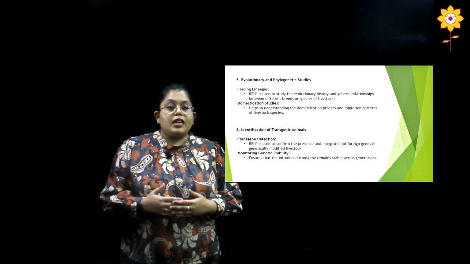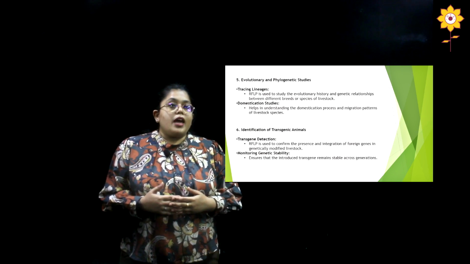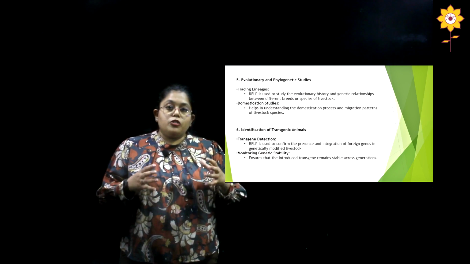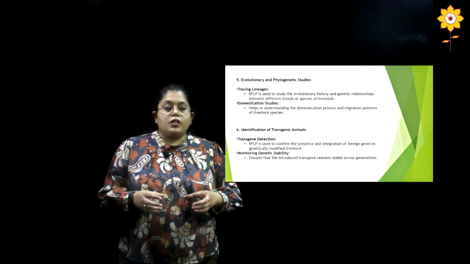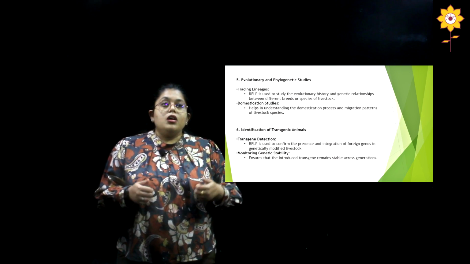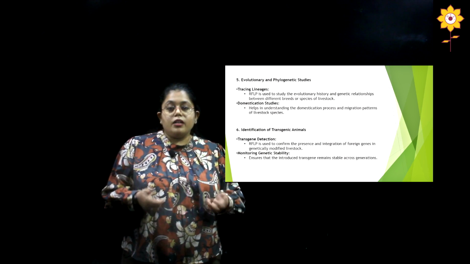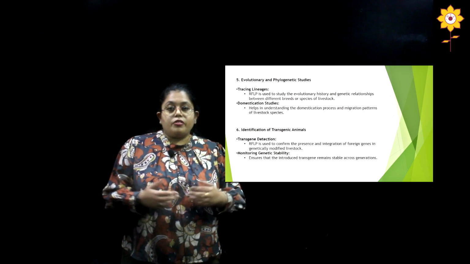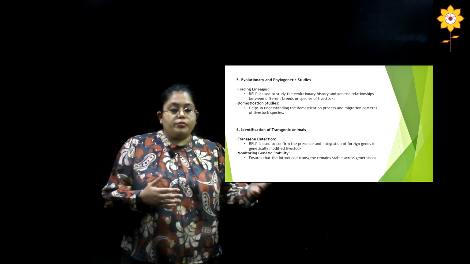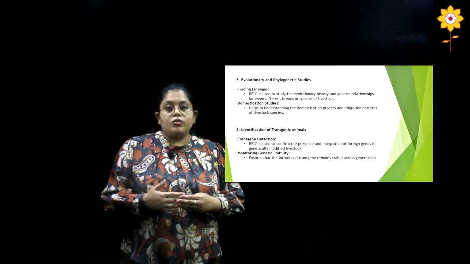We can also look at transgenic animals. As I mentioned, a particular gene can be inserted specifically. If I give you an example, insulin is something used worldwide to manage diabetes.